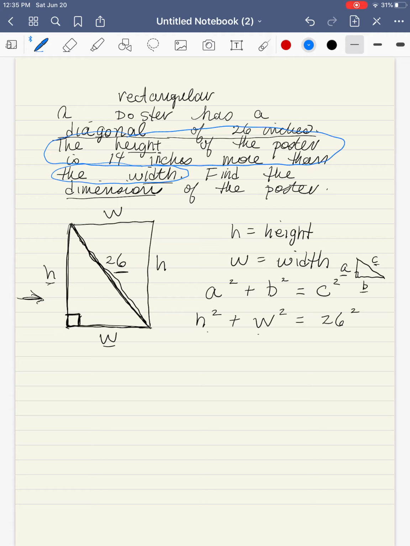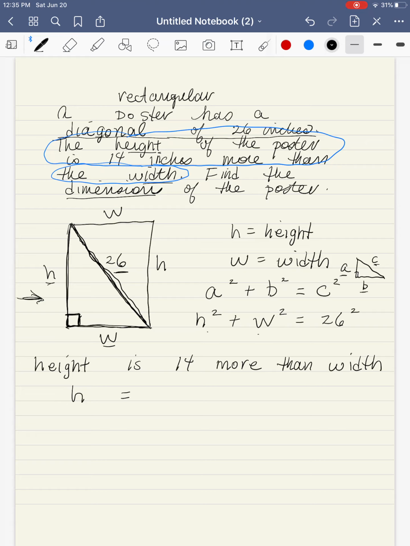The height of the poster is 14 more than the width. And I'm going to go ahead and write that out in words, and we're going to see how we can write that as a math equation by putting in variables and symbols.